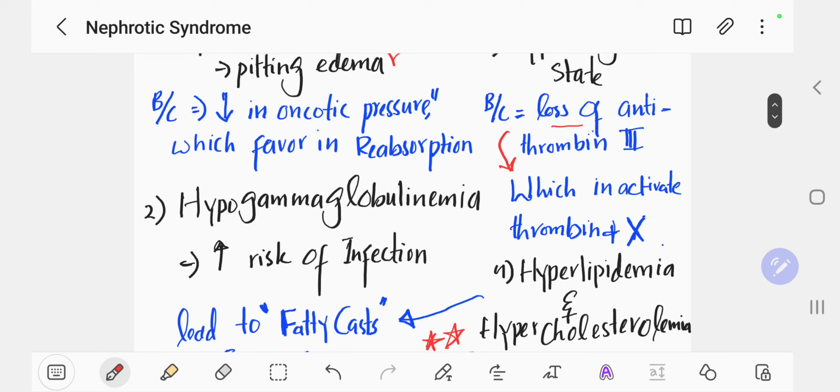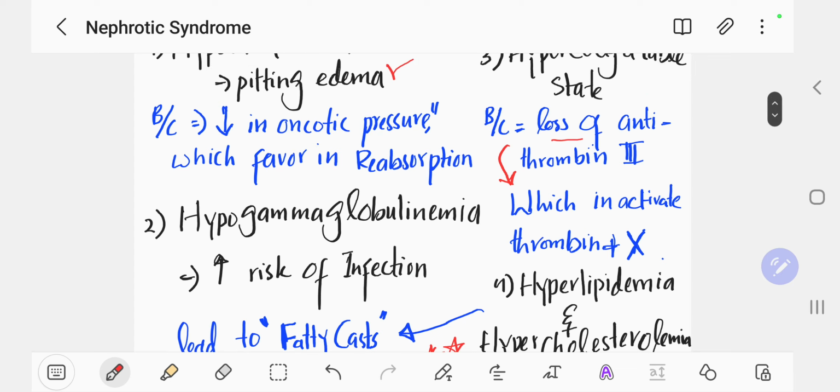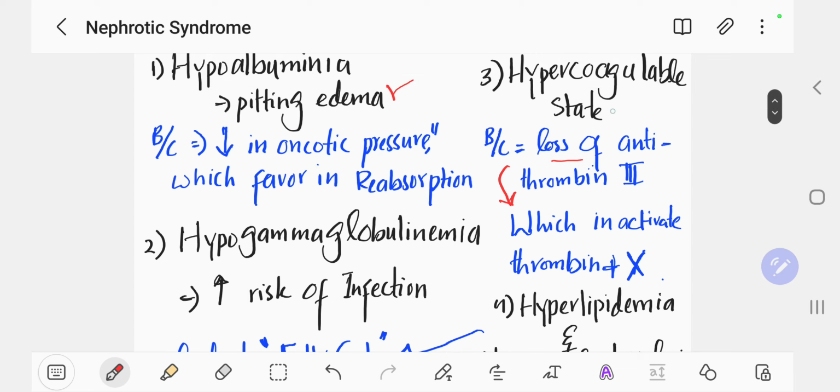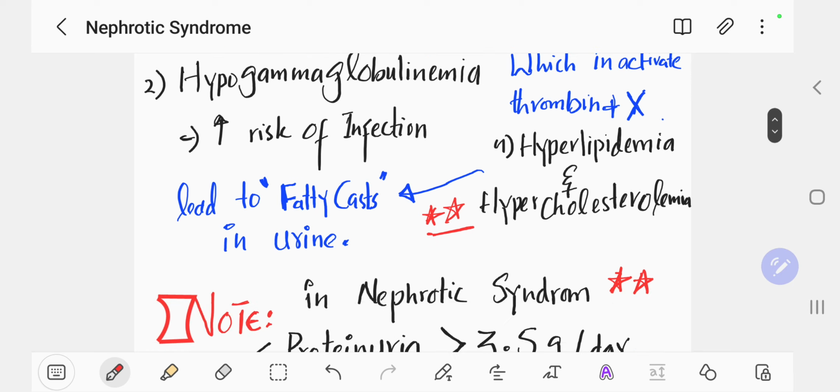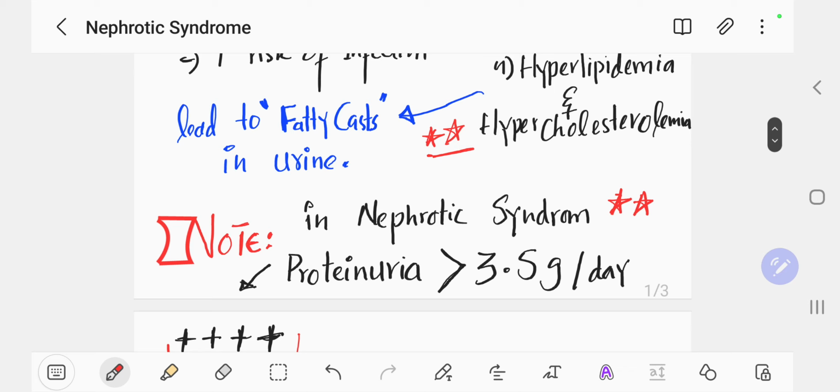So again, remember that there will be pitting edema in nephrotic syndrome, there will be an increased risk of infection, there will be a hypercoagulable state, and there will be fatty casts in the urine because of the hyperlipidemia. Okay, so note the proteinuria in nephrotic syndrome will be greater than 3.5 grams per day.